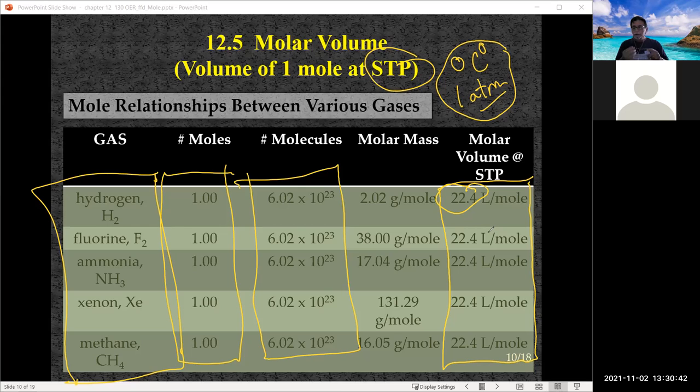Atomic weights, nope. Any exact numbers, nope. Only numbers that are measured quantities. And 22.4 liters is a measured quantity. All right, let me clear this up a little bit.